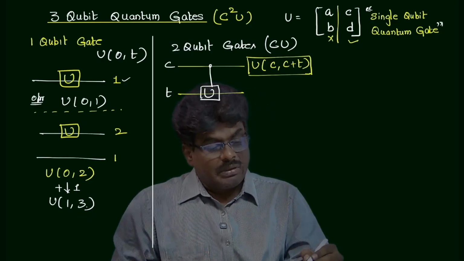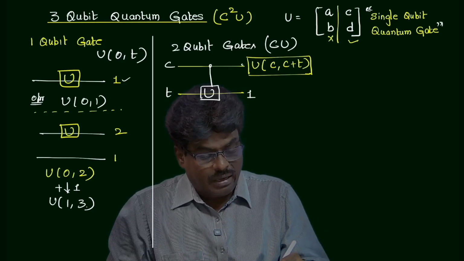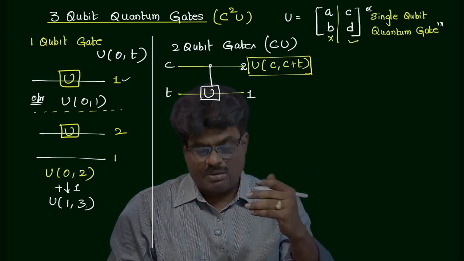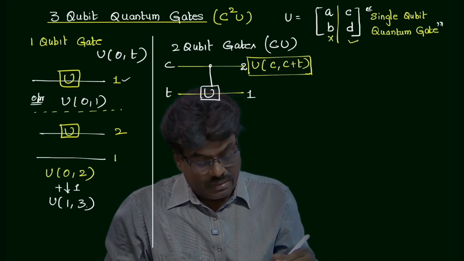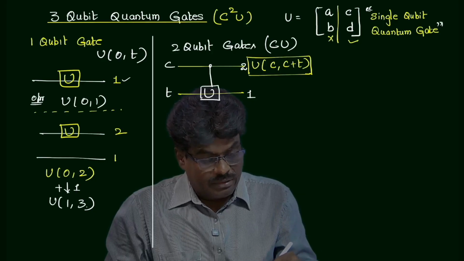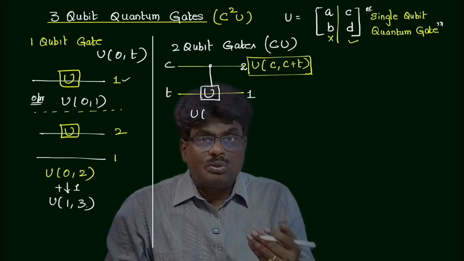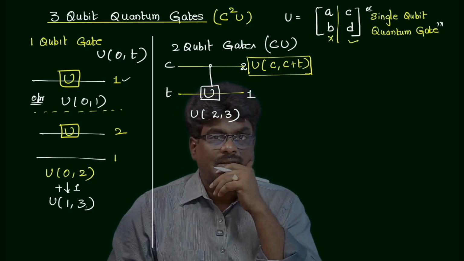Let me take a small example. In this case it is 1 and 2. First you have to write the decimal states, 1 2 4 8 16, like that. After that, the operation is U of 2 to 1, you are coming from 2 to 1, that's why 2 comma 3, that's it.